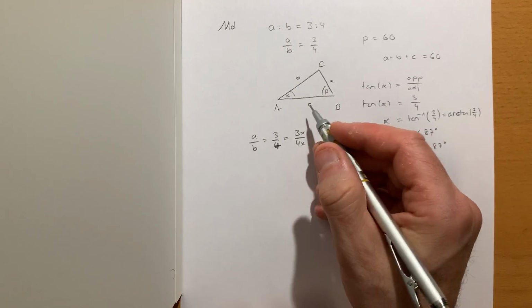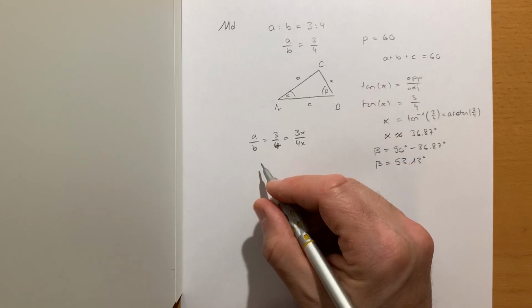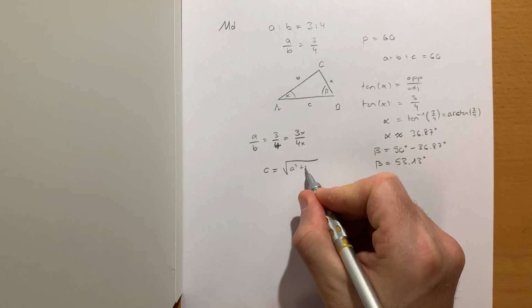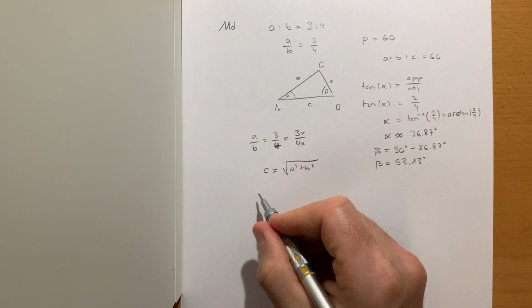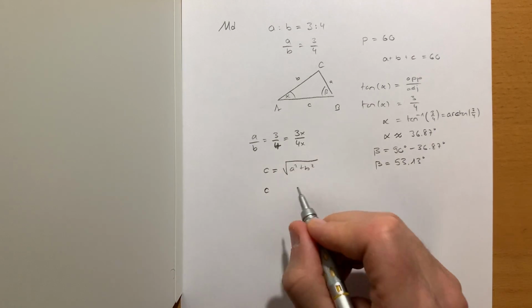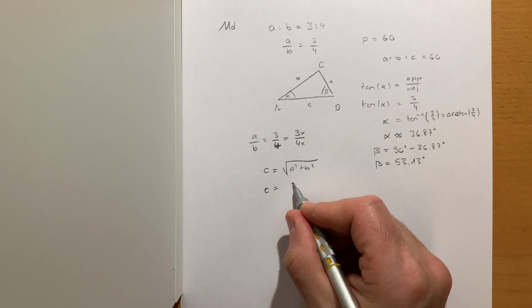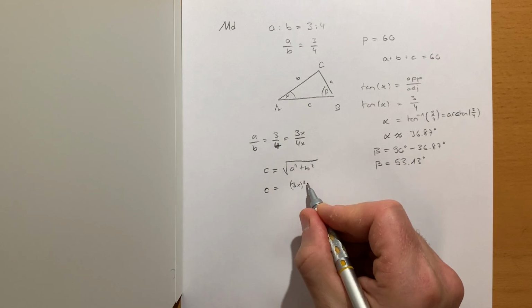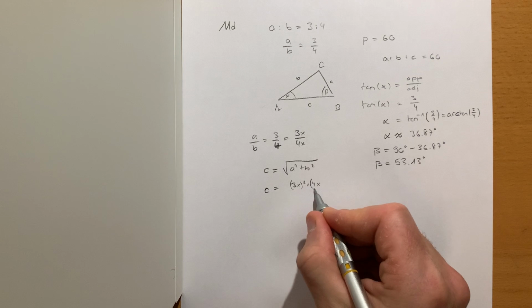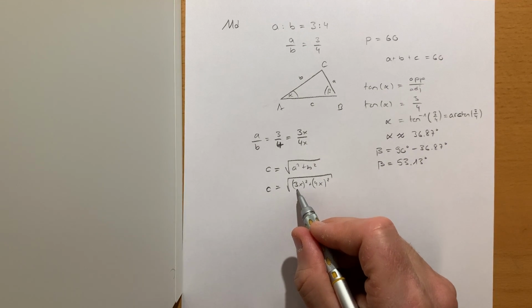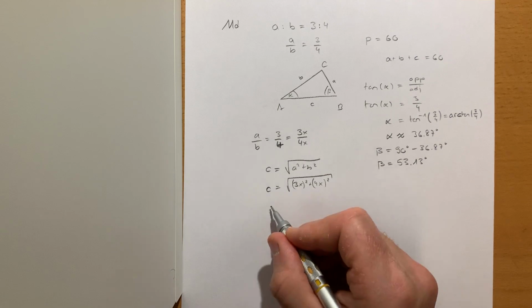Now with this, we could work out the length of C, because C is the square root of A squared plus B squared. Slightly different than in the previous exercise, but we could have done it like this in the previous exercise too. So now look, 3x squared plus 4x squared and the square root of it. Be careful, have these brackets, otherwise it will not work.